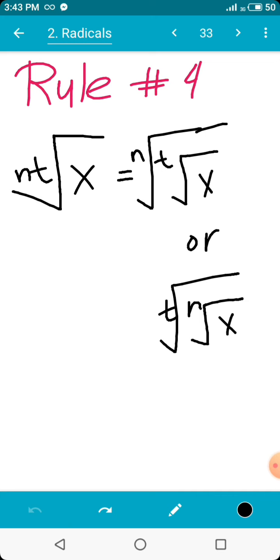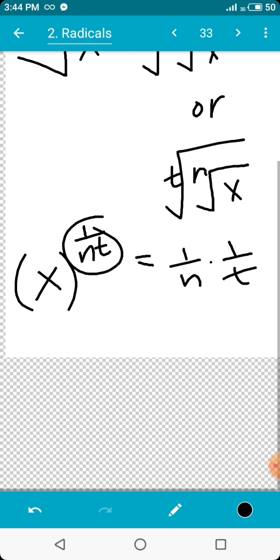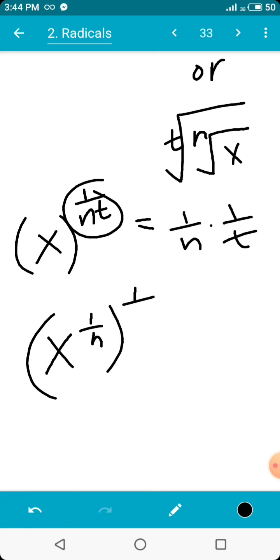So, paano nabuo tong rule number 4? Balikan natin yung fractional exponent. Kung i-rewrite natin to, it will become x raised to 1 over n t. Okay? Pwede natin siyang i-break down as product ng 1 over n times 1 over t. Kung i-distribute natin siya, it could be like x raised to 1 over n times raised natin sa 1 over t.